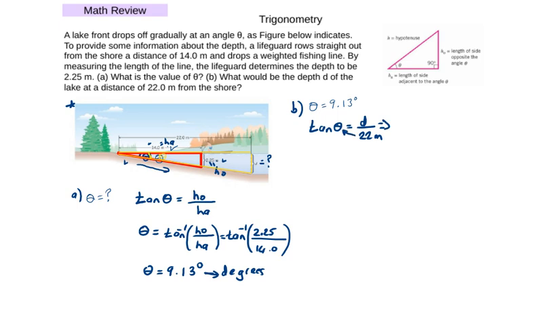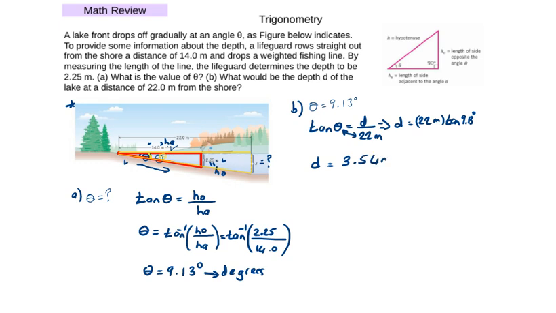What I can do is use tangent theta again. It will be opposite over adjacent, so it will be D over 22 meters. We know what we're doing, hopefully. Then I'm going to solve for D. Simply, I can multiply this by that.